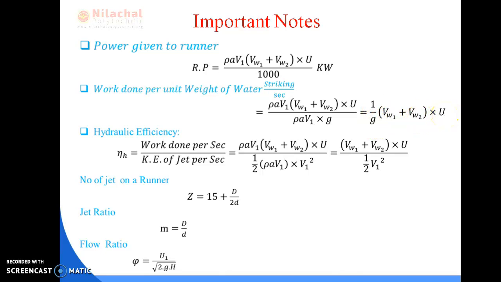Hydraulic efficiency is the ratio of work done per second divided by the kinetic energy per second of the jet of water.